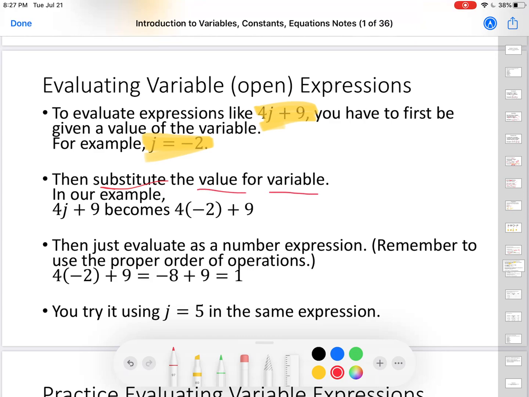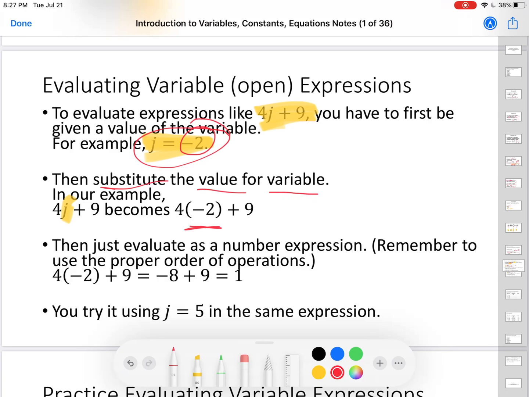This is called the substitution step, and it is absolutely vital. J is the variable. J equals -2. So we take the -2 and we replace j with -2. And we get 4 times -2 plus 9.